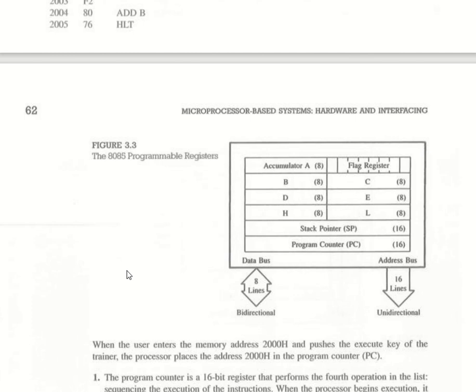So it's placed fourth, but it's the most important counter here, because the sequencing of the execution of instructions takes place here in the program counter itself.